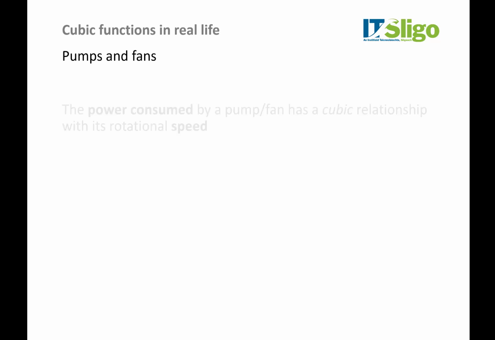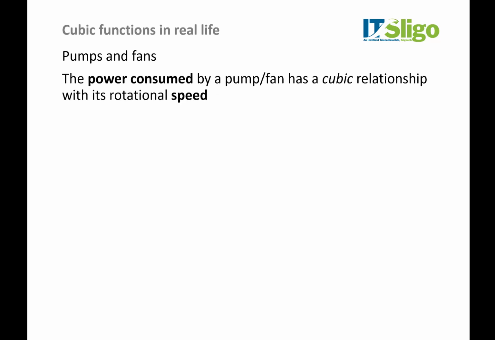Another example, which we'll explore in more detail in the next lecture, is pumps and fans. If you speed up a fan or a pump, anything that's moving air or water or liquid, the power used and the speed of the pump have a cubic relationship.